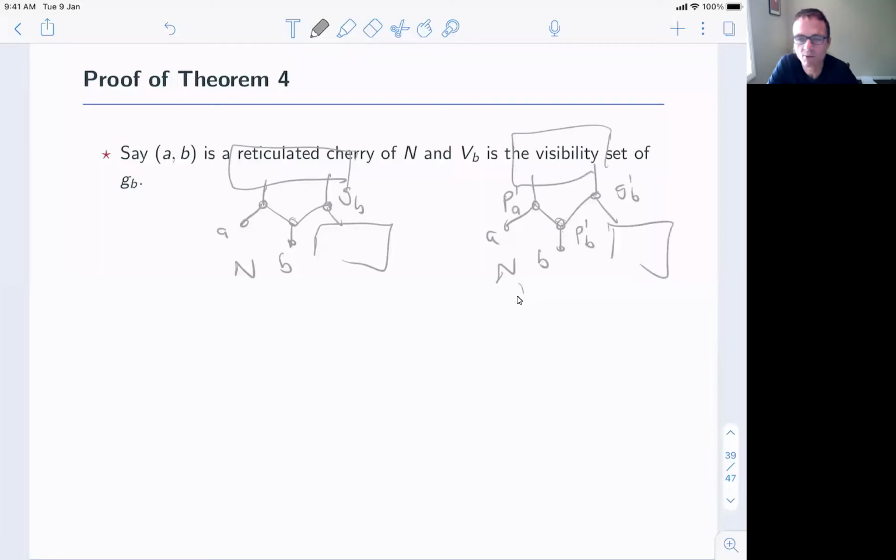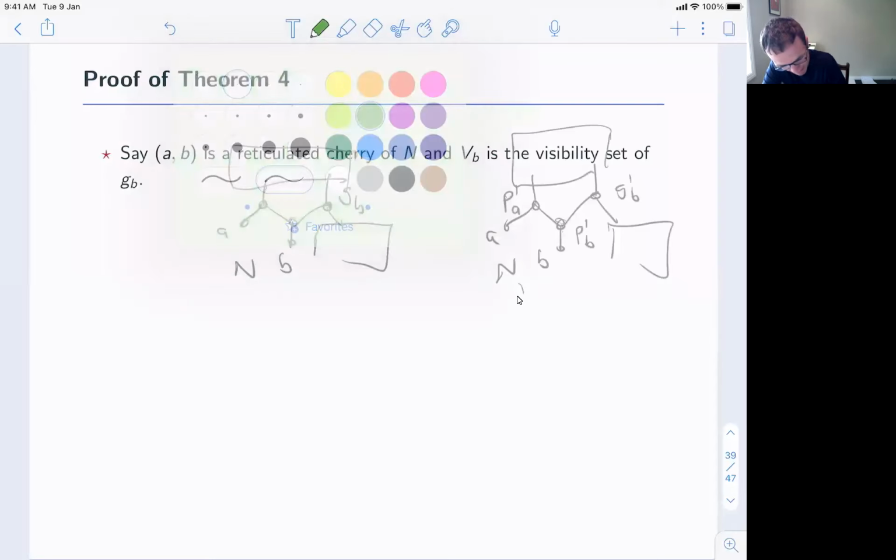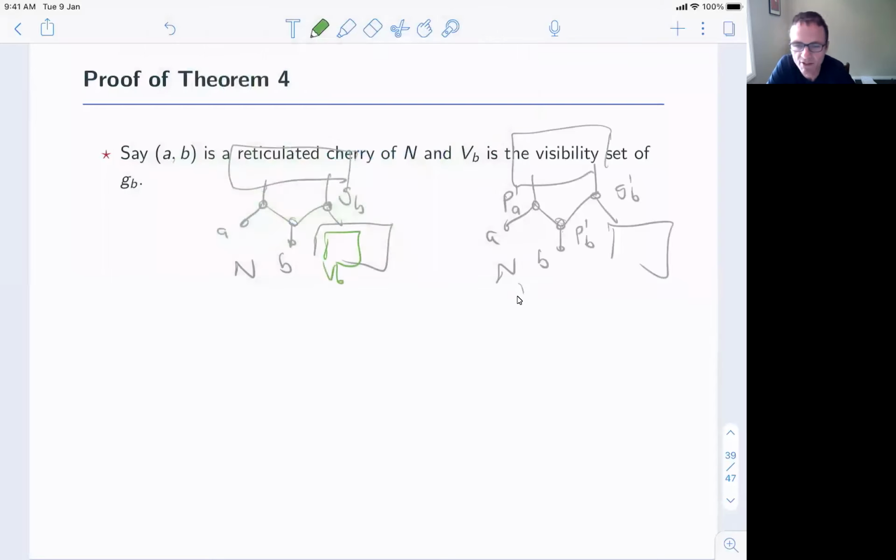Because N1 has the same triples and quads, it also has a reticulated cherry AB, where the grandparent, I know the visibility set of the grandparent of B. So if I put the visibility set in here, here's VB, it's the visibility set of GB. And the visibility set of G1B is exactly the same, all right, because I've used the triples and quads for that.